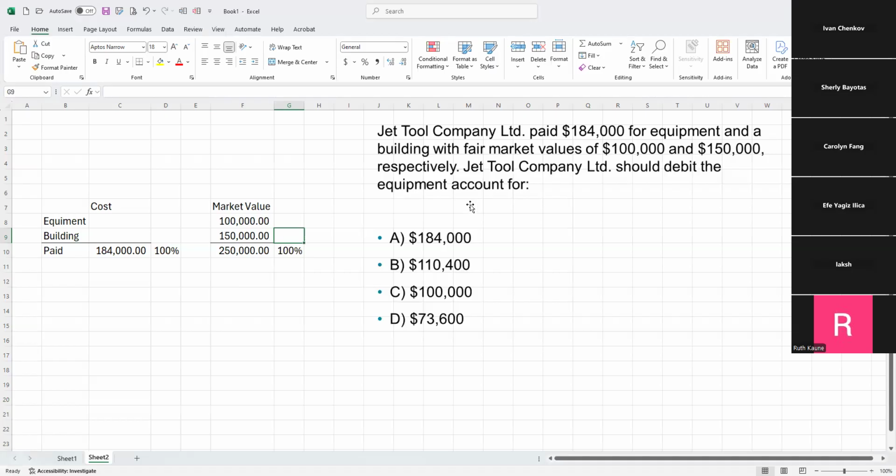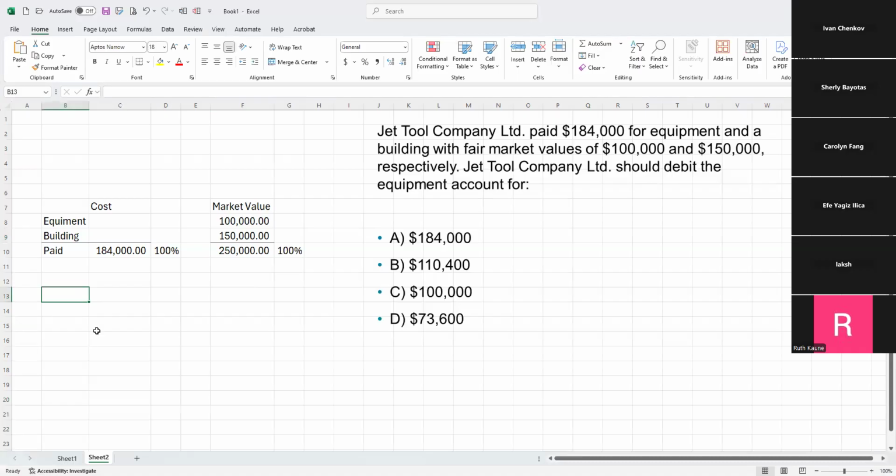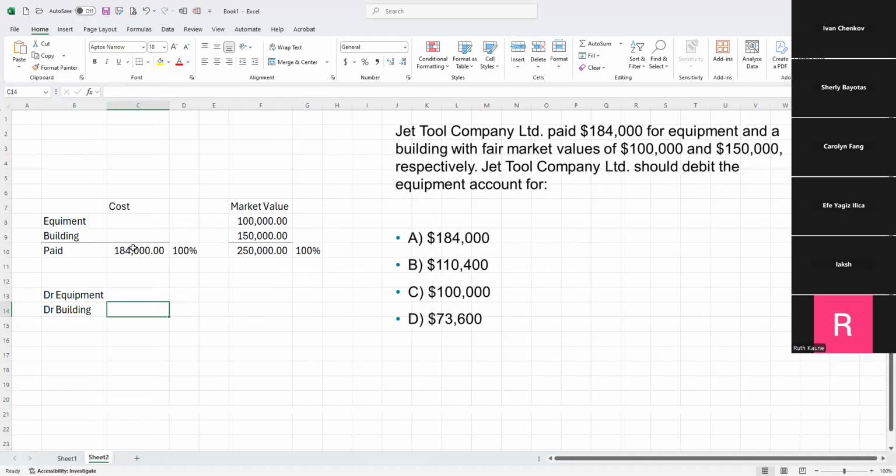So the question is, how much should we debit? What will be the cost here for the equipment? We have to debit equipment. Debit building. What's the value for the equipment? Credit cash, that's obviously how much we paid.